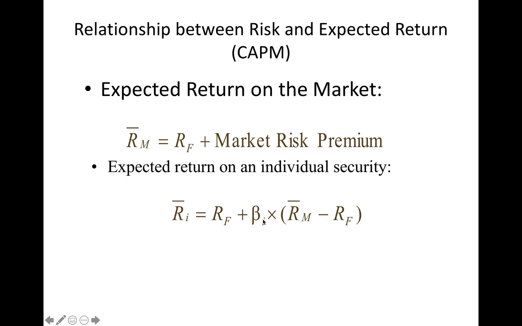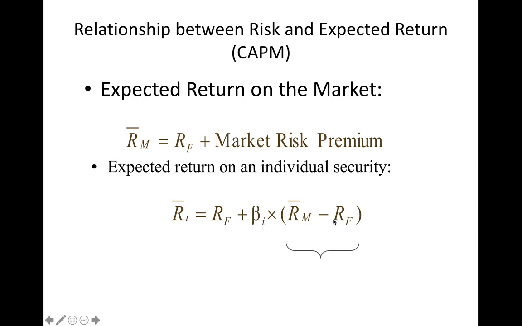The compensation for systematic risk is captured as the beta, or the systematic risk measure of the individual security, multiplied by the unit compensation for that risk.